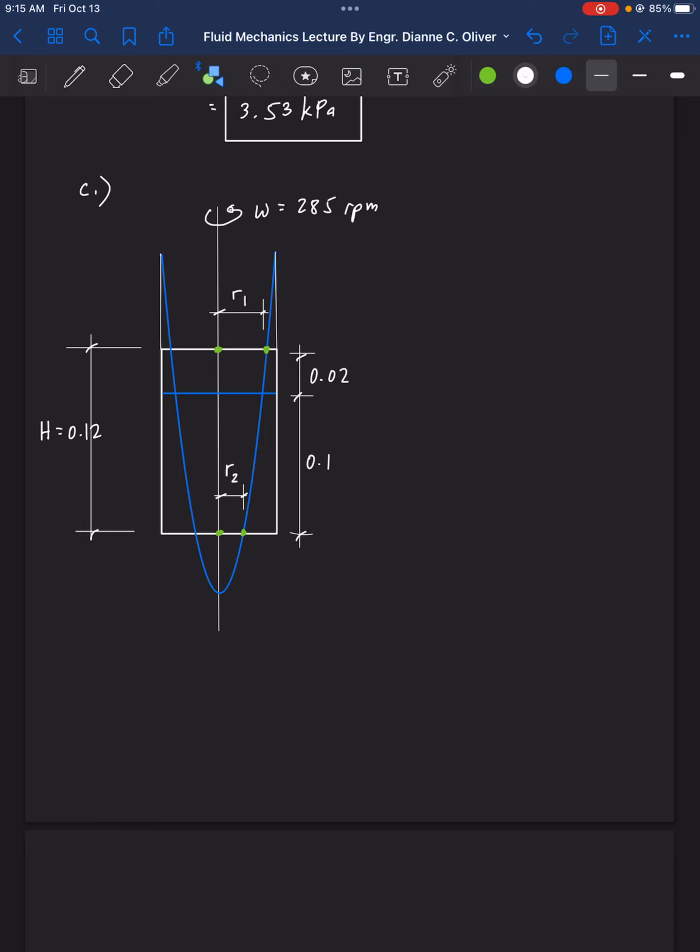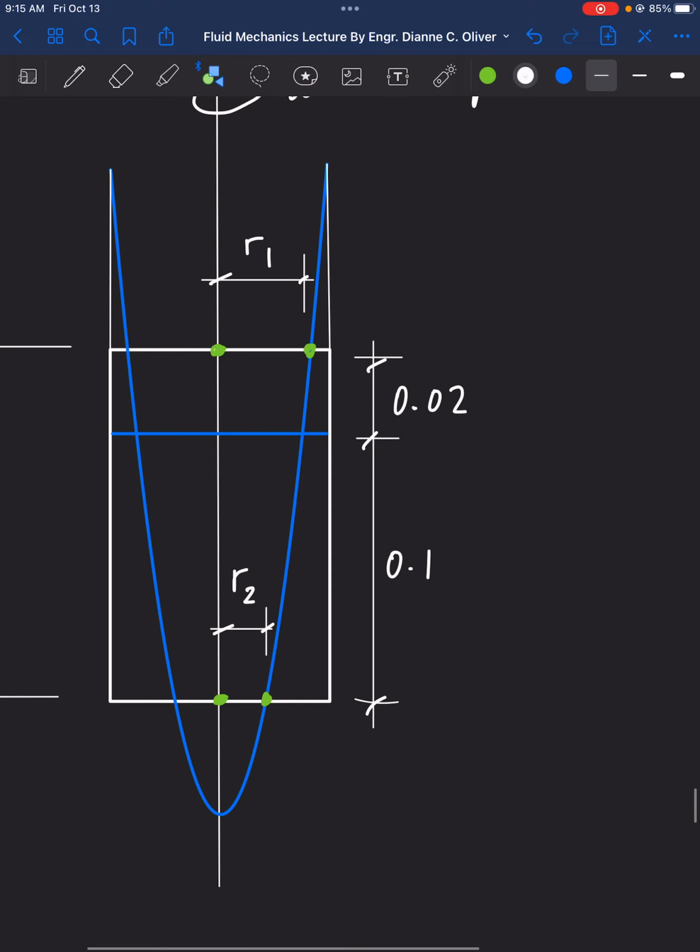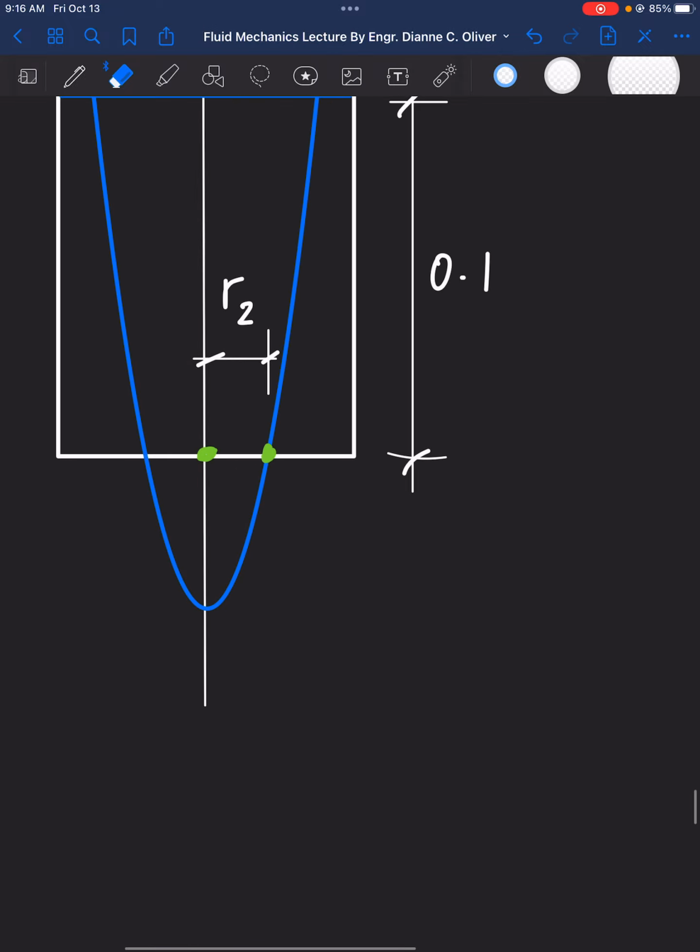So since this is going to be imaginary, let's put an imaginary line here, and also this part here is also an imaginary paraboloid.